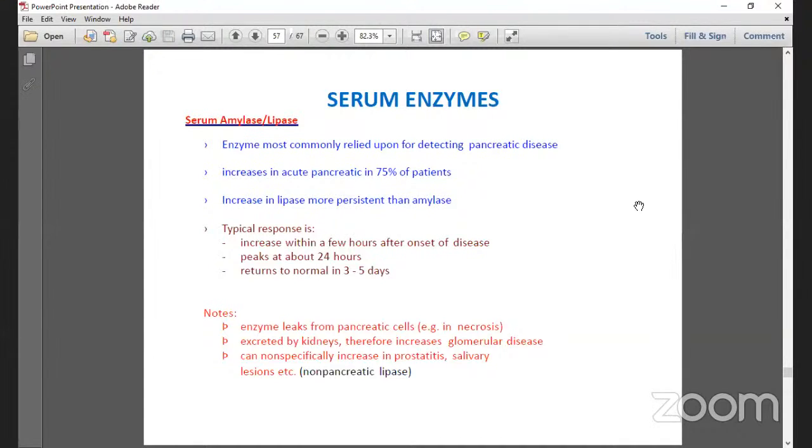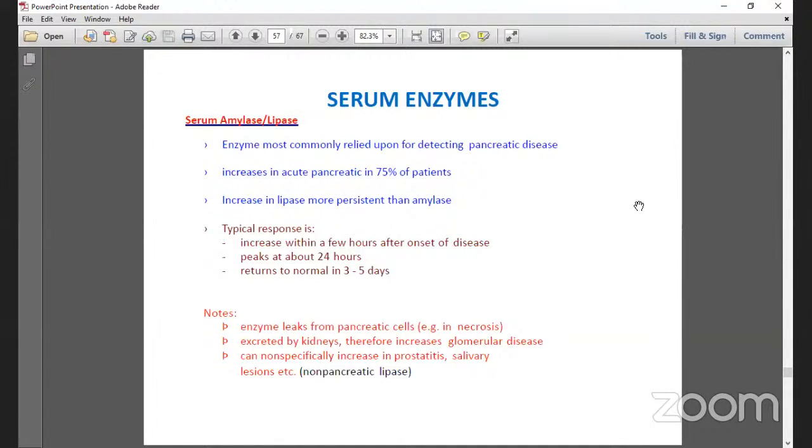And how do these enzymes reach a high concentration in the blood? Because the enzymes leak from the pancreatic cells. When the cells undergo necrosis, there will be leakage of these enzymes, so they enter the blood circulation. Another point is that these enzymes are also excreted by the kidney. So when the animal has kidney disease, you can see hyperamylasemia and also hyperlipasemia.